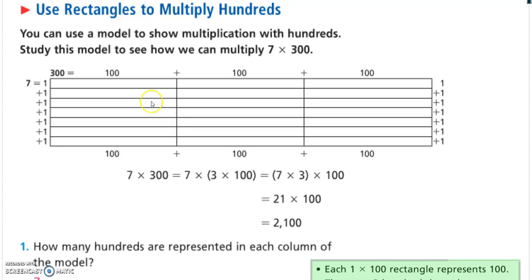So there are 21 blocks of 100, because each of these blocks is one group of 100.